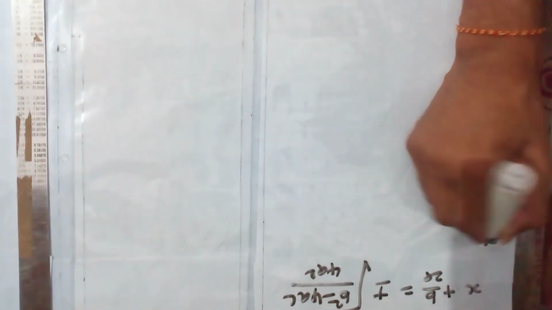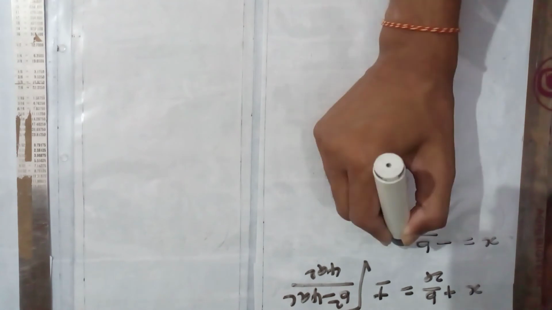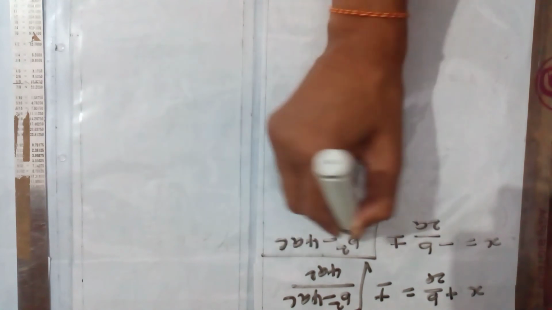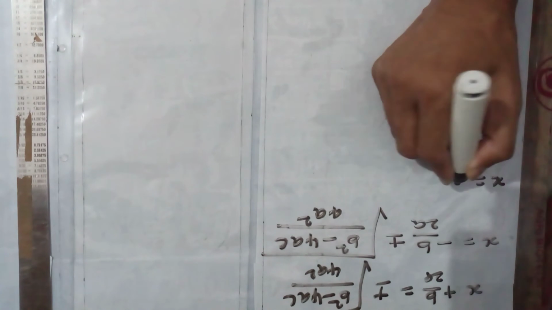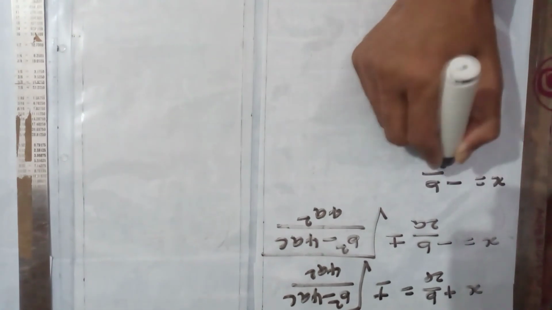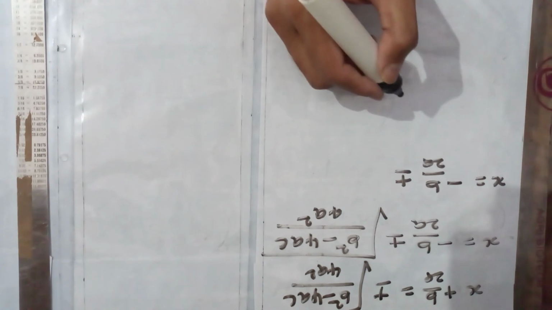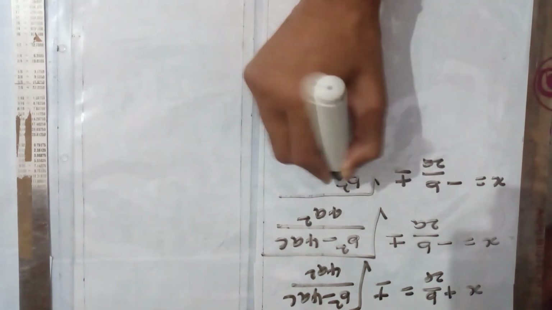Transpose plus b by 2a to the other side. Therefore, x is equal to minus b by 2a plus or minus under root b square minus 4ac by 4a square. Now separate the square root into numerator and denominator.